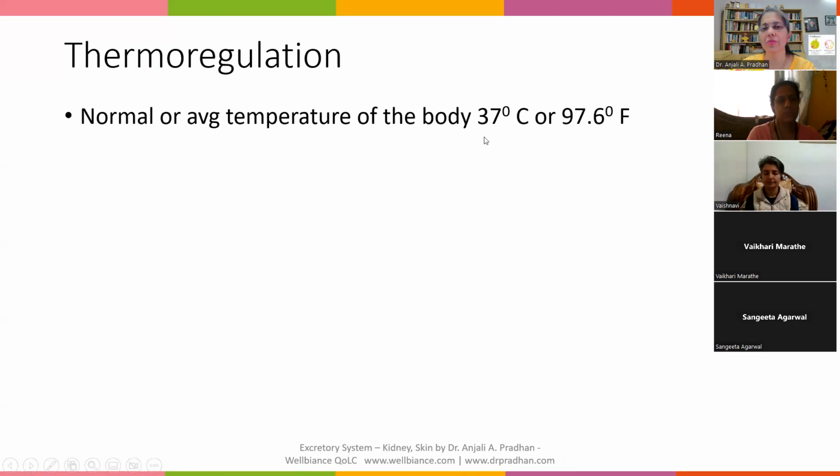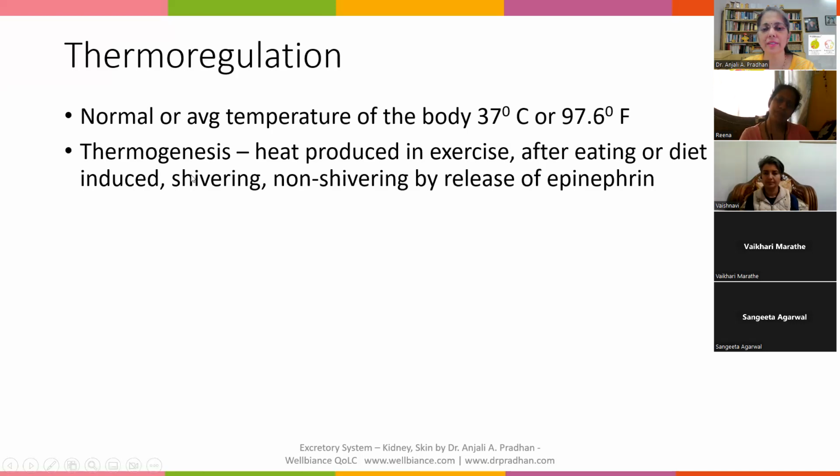Normal temperature of the body is 37 degrees Celsius or 97.6 degrees Fahrenheit. Thermogenesis. Genesis means production. So heat is produced. कभी-कभी when you are exercising, तभी लगता है heat is produced. So it's a physiological thing.